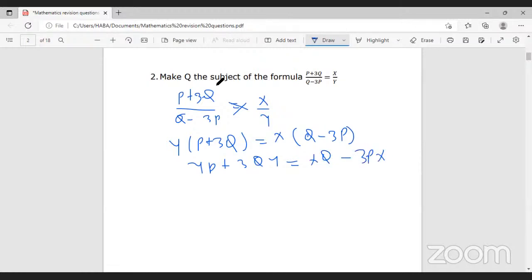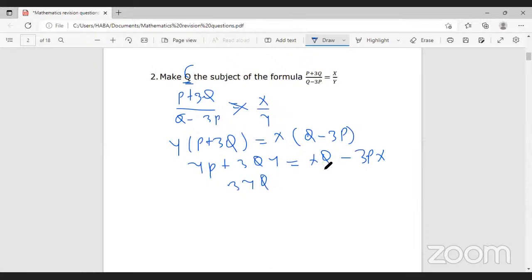Remember, our interest is to make Q the subject of the formula. So what are we going to do? Any idea? First collect like terms. So we collect terms that are in Q together, and then terms that are not in Q. So we can have 3yq.